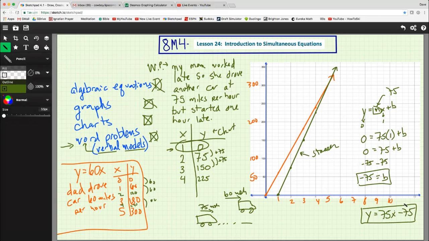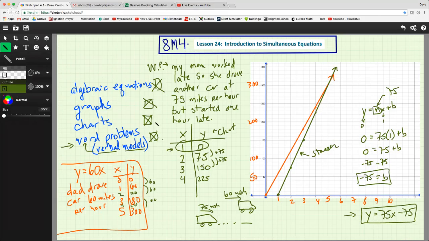I know I went through that a little bit fast, but we had a whole lesson about using lines, and if we know one or more points on the line and a slope, we can certainly find the equation of that line.